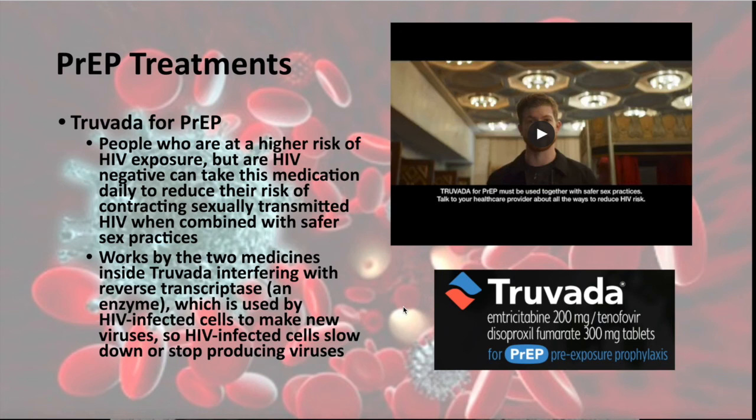It works by, in this particular medication, there are 2 medications inside of this Truvada PrEP med that interfere with an enzyme called reverse transcriptase, which HIV infected cells use to make new viruses. So those cells that are infected with HIV slow down or stop producing viruses altogether.